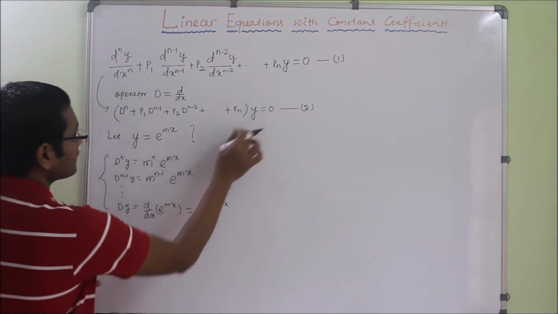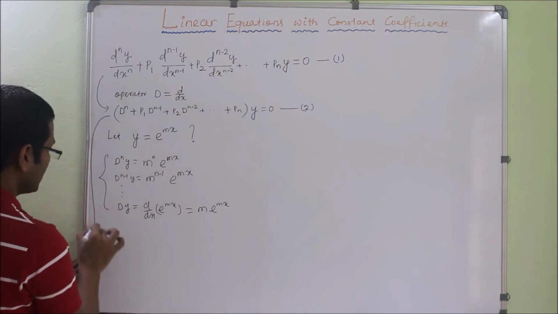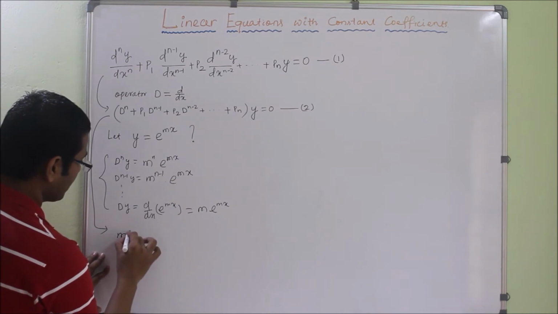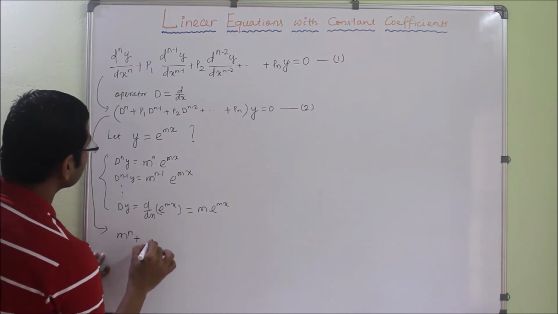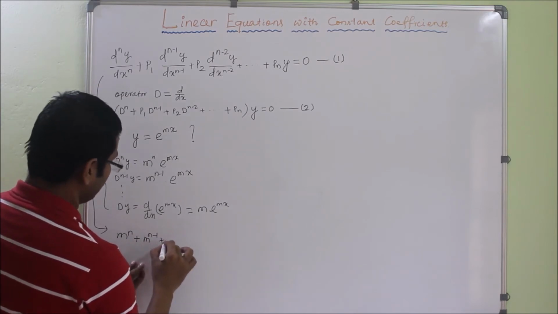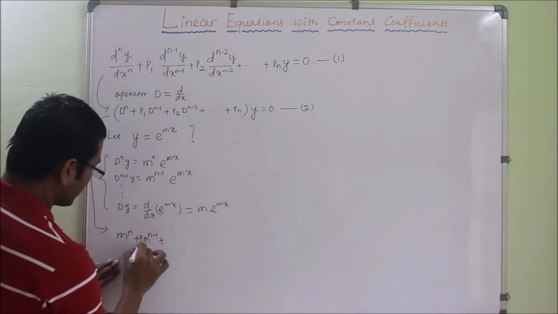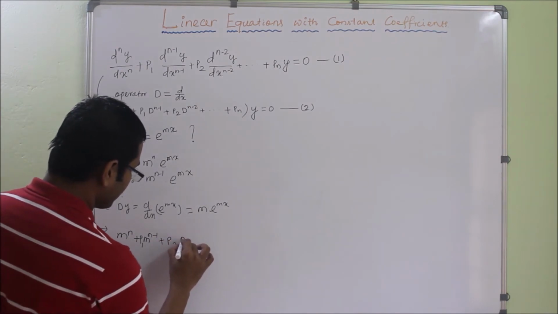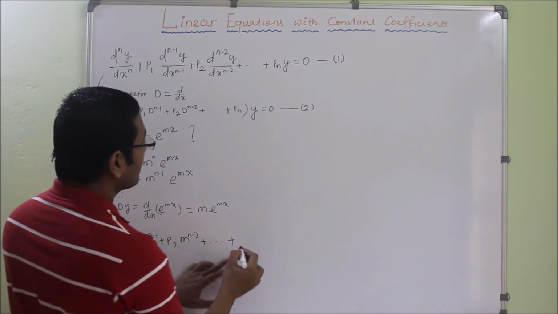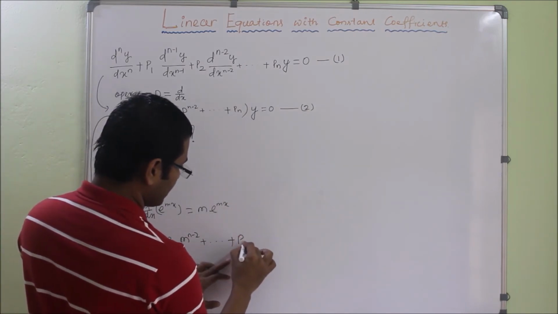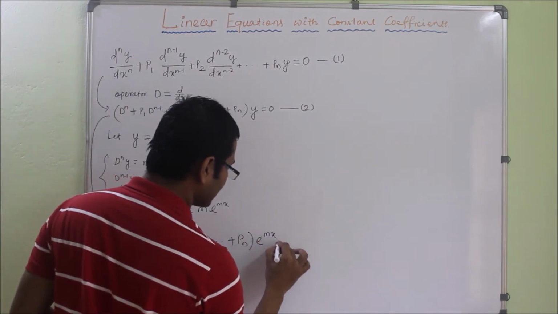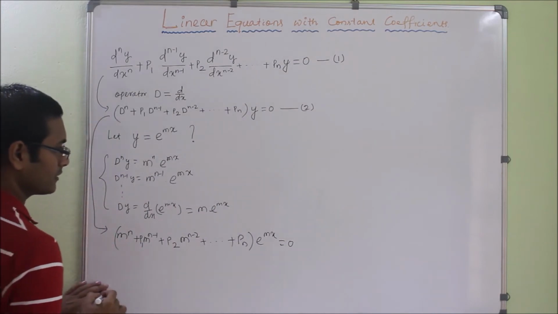From equation 2, if we put it in, we get m to the power n plus p1 m to the power n minus 1 plus p2 m to the power n minus 2 and so on, plus the last one, pn, and this whole thing times e to the power mx equals 0.